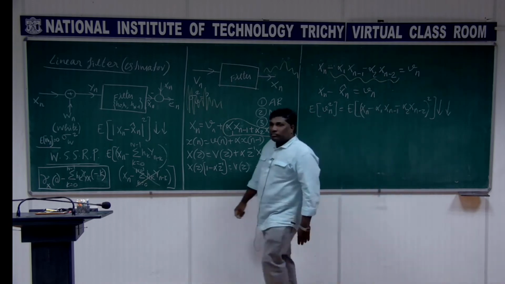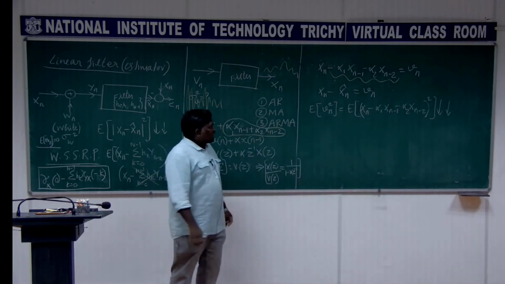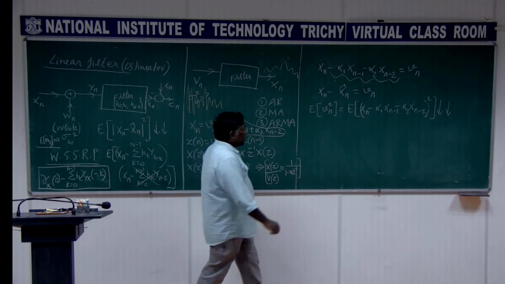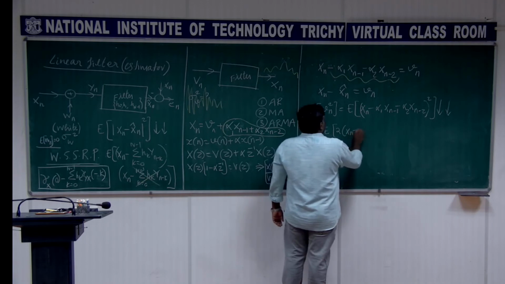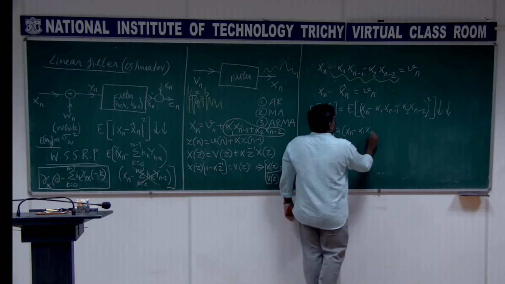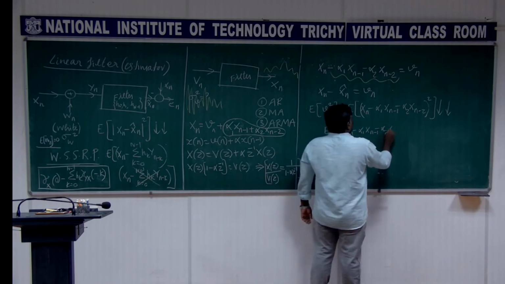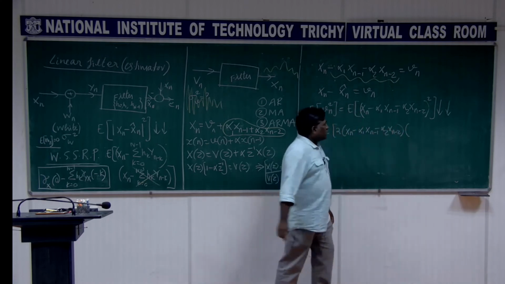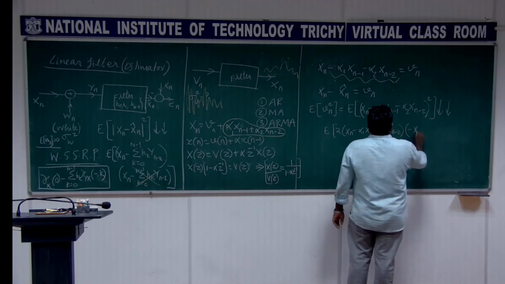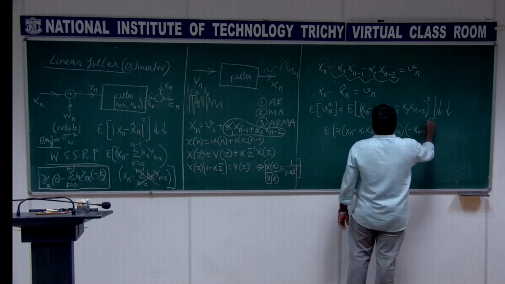As usual, you differentiate this with respect to alpha 1 and set it equal to 0. So you get expectation of 2 times Xn minus alpha 1 Xn minus 1 minus alpha 2 Xn minus 2, and the coefficient of alpha 1 is going to be minus Xn minus 1.